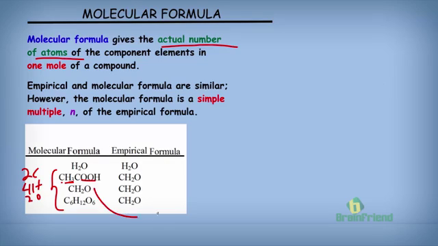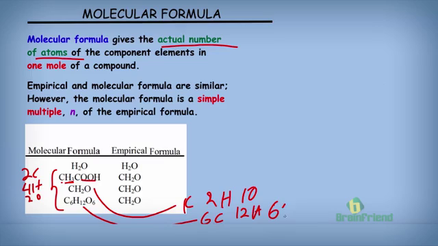Here we have just 1 carbon, 2 hydrogen atoms and 1 oxygen atom. Here we have 6 carbon atoms, 12 hydrogen atoms, and 6 oxygen atoms. So it's giving us the actual number of these elements in these compounds.